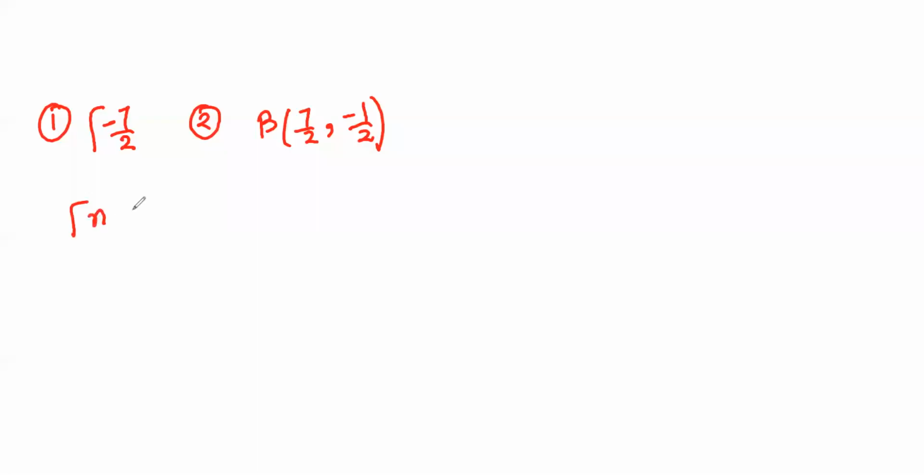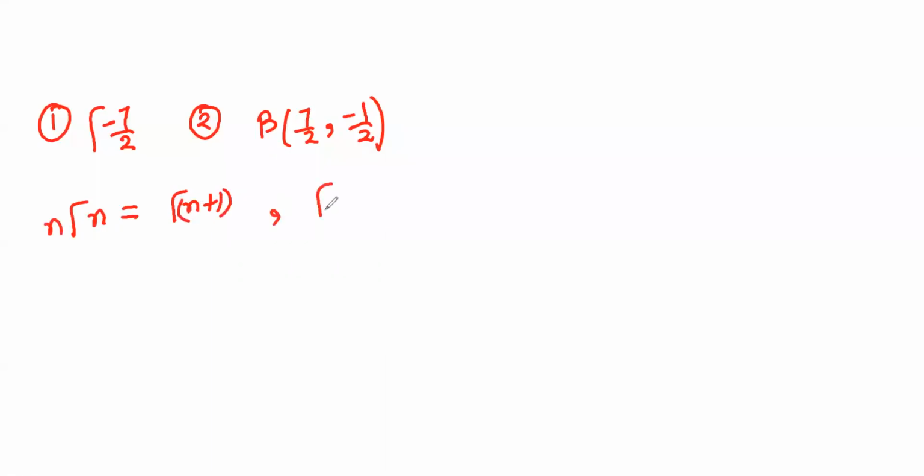Okay. The next is, evaluate: question number 1, gamma(minus 7 by 2). Second one is beta(7 by 2, minus 1 by 2). Evaluate these two immediately. So we have written gamma(n plus 1) is n gamma n.